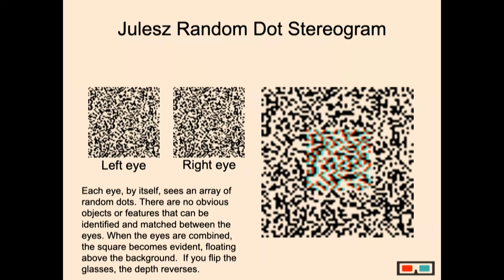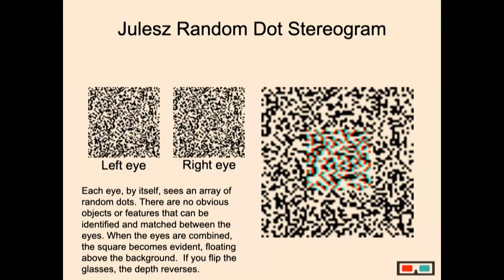Computers had only been online a few years and it was possible to generate these synthetic images. The random dot stereogram consists of random dots, each assigned black or white with 50% probability. Then you take a square and shift it over by a dot or two, and that gives you the other image.